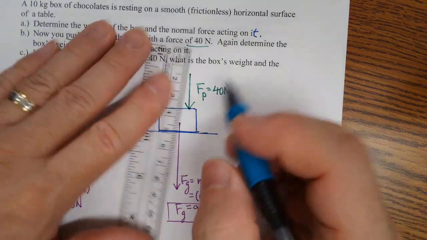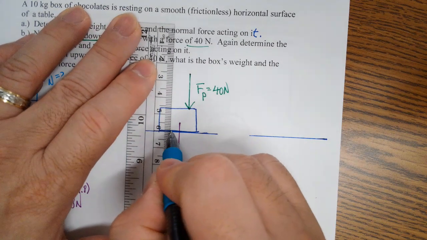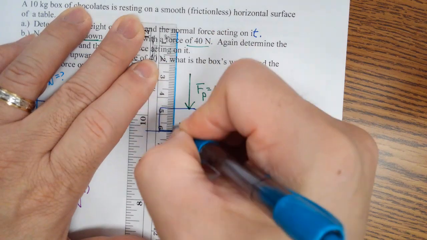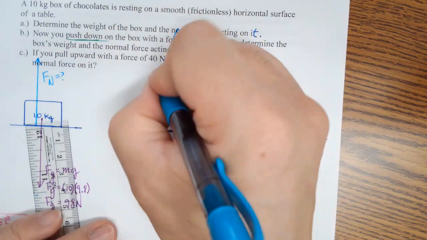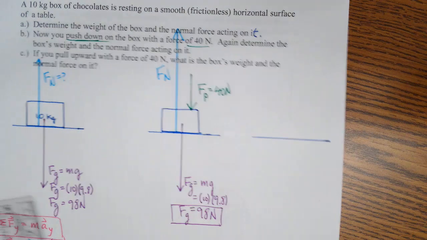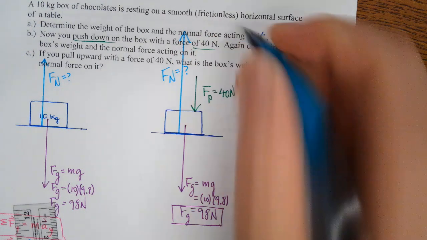So my normal force is going to have to basically support both of those forces. Of course, this is not an accurate drawing right here, but we've got to find what that normal force is.